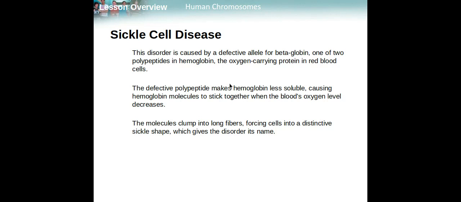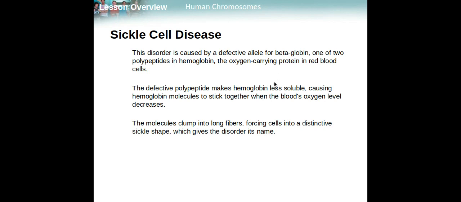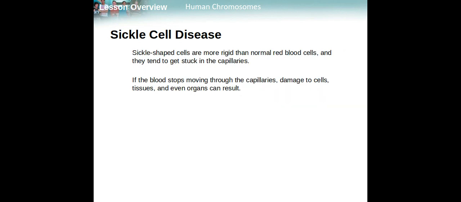The defective polypeptide makes hemoglobin less soluble, causing hemoglobin molecules to stick together when the blood's oxygen level decreases. Molecules clump into long fibers, forcing cells into a distinctive sickle shape, which gives the genetic disorder its name. So basically, these blood cells end up in the form of a sickle, like a crescent, rather than being circular, and then they can't carry the oxygen.